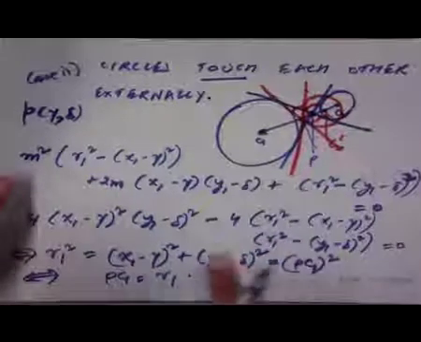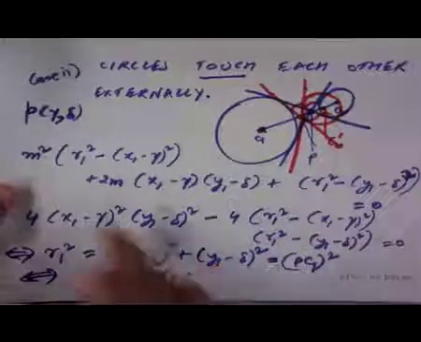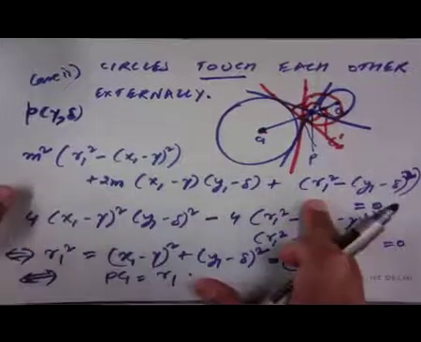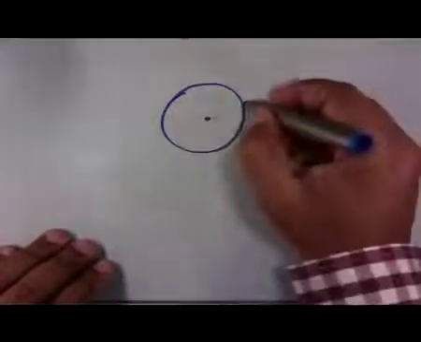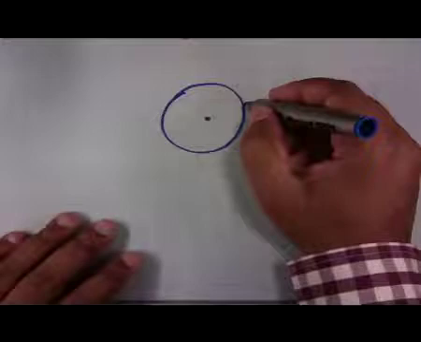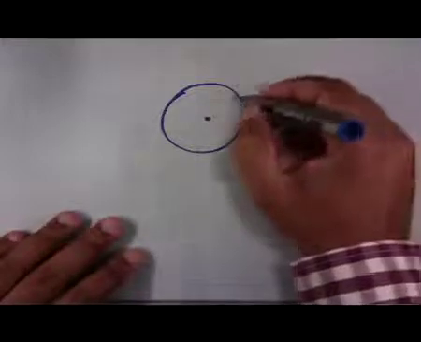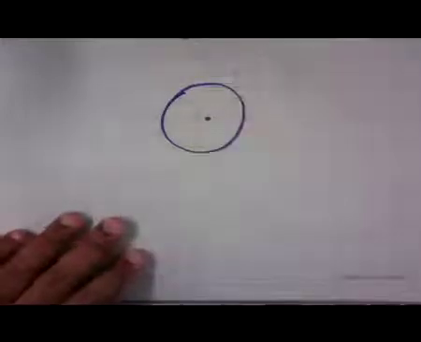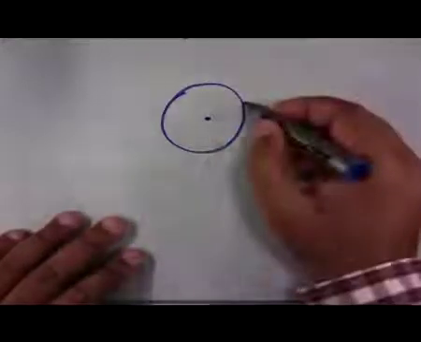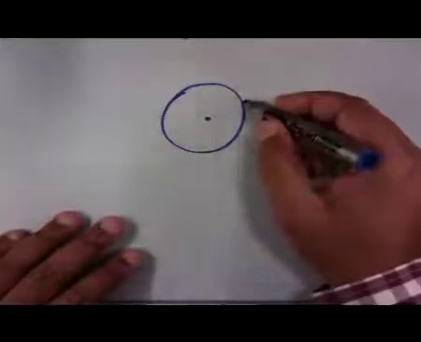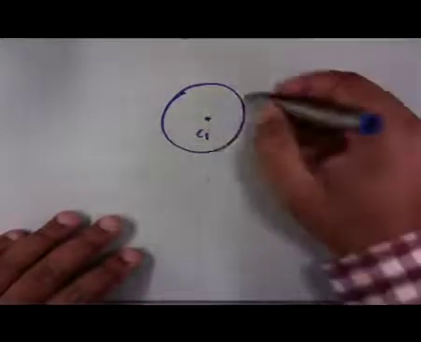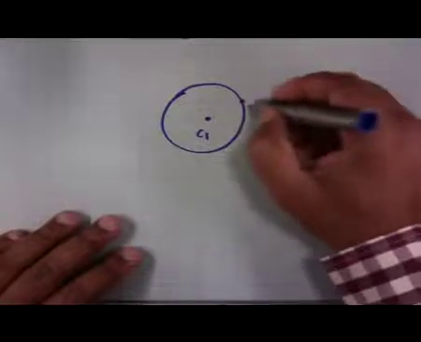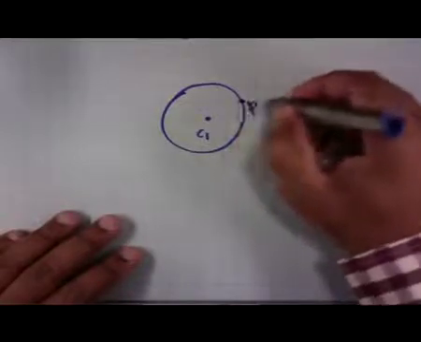So essentially what we have shown is that we will have only one transverse common tangent only in the case where the point of intersection P of that common tangent with the straight line joining the centers of the two circles lies exactly on the circumference of the circle.